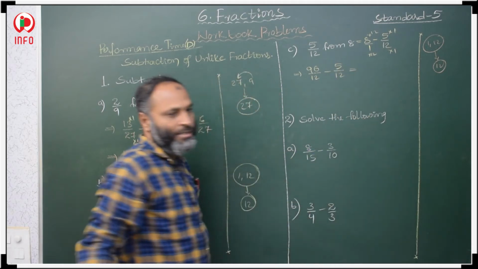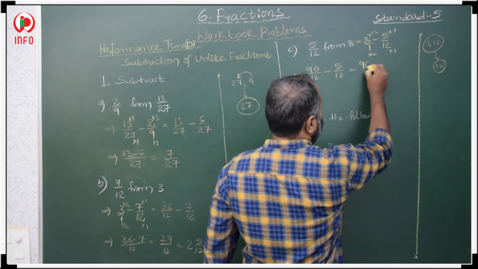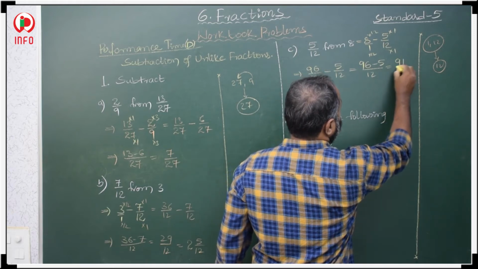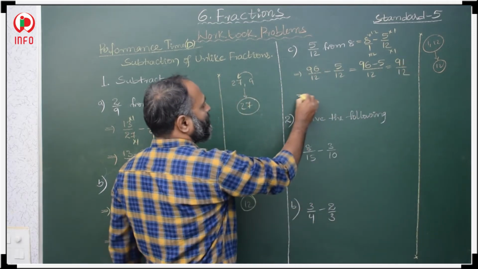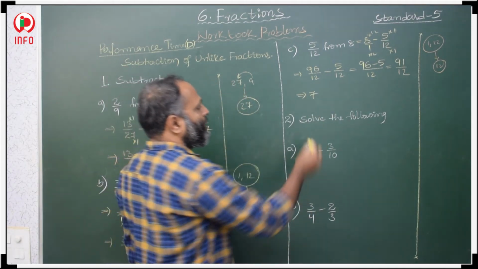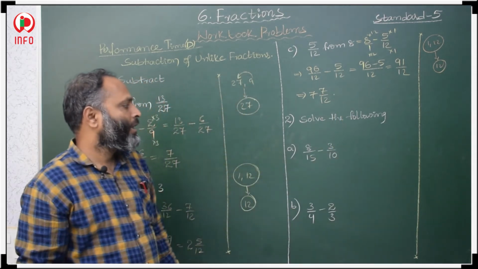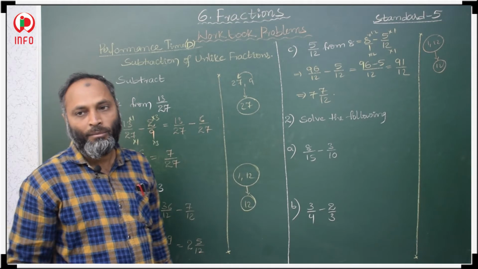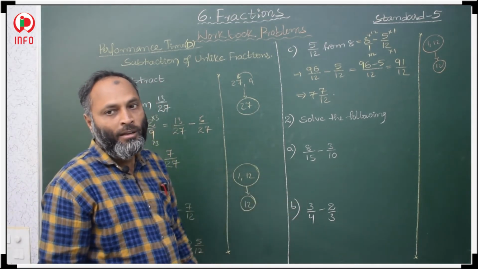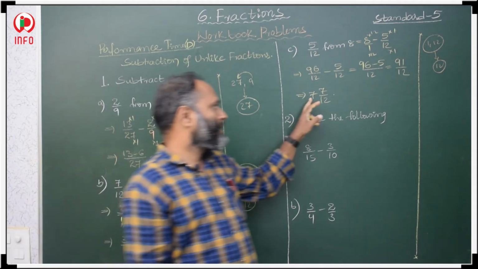Then like fractions, the difference of numerators by common denominator, that is 91 by 12. 12 7s are 84, remainder 7, so 7 7 by 12. This is in mixed fraction. Here, say not 7 1 by 12, it is 7 7 by 12.